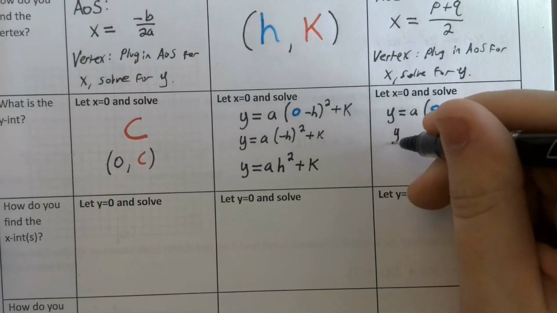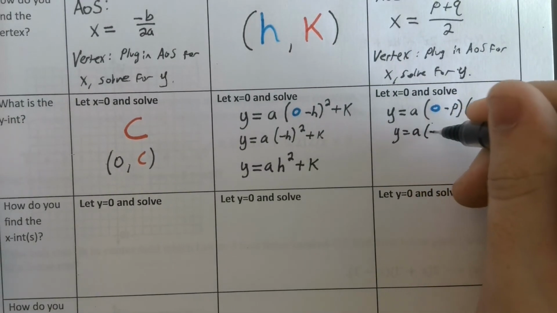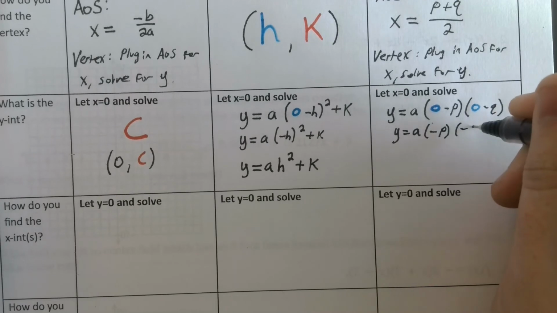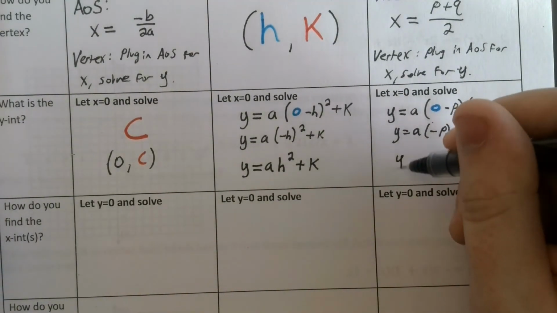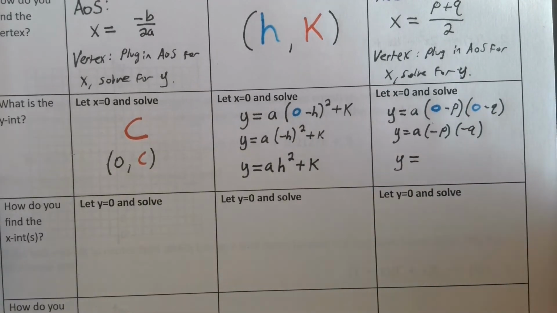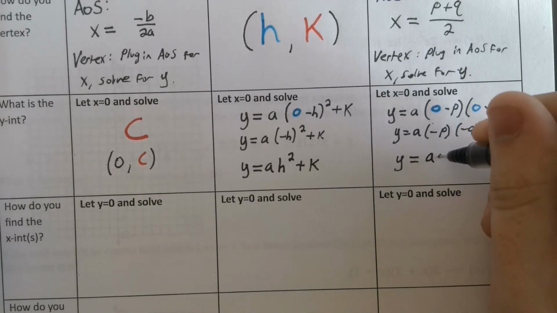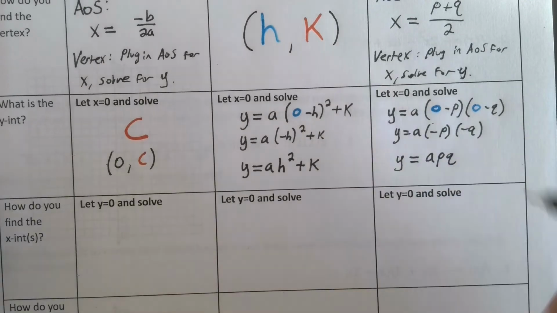Well, we know that 0 minus p is just negative p, and 0 minus q is just negative q. So what's a times negative p times negative q? It's just a, p, q, because the two negatives cancel out. All you need to do is set x equal to 0 and solve for these.